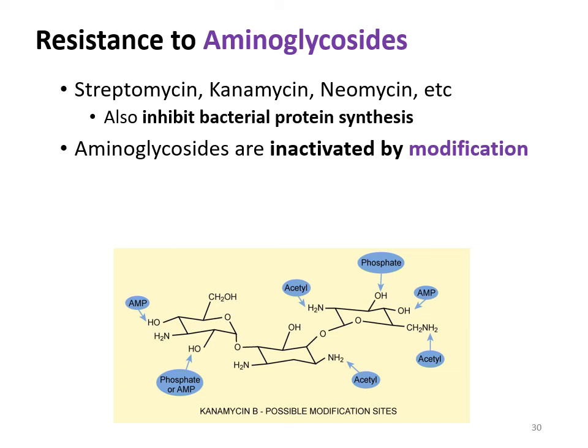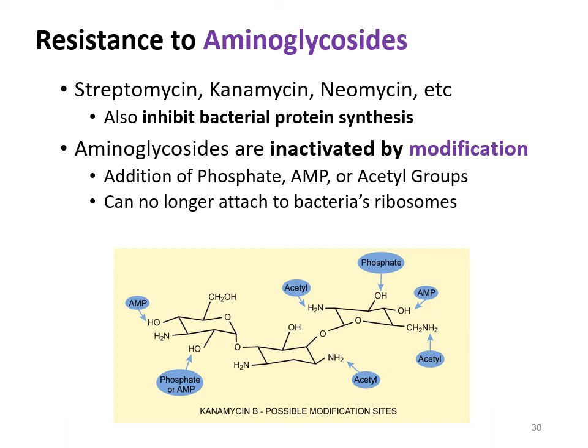It can no longer block protein synthesis, so the bacteria survives. Okay, so whenever you hear aminoglycosides, think resistance by modifying those binding groups. And this can include, again, addition of phosphate, AMP, or acetyl groups, so that the antibiotic can no longer attach to the bacteria's ribosome.